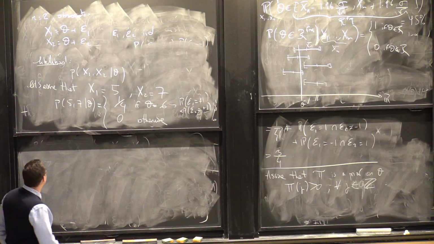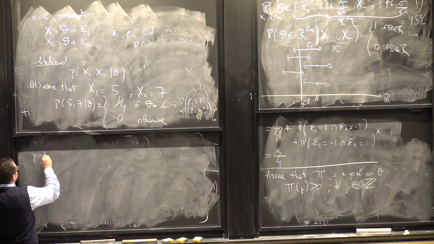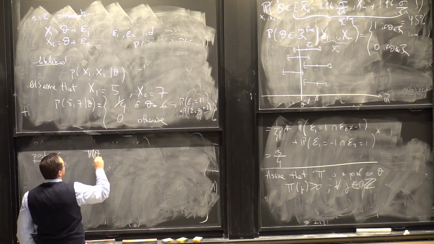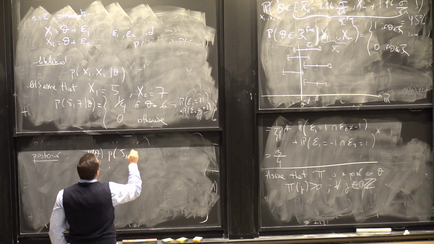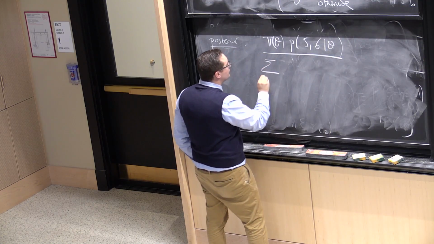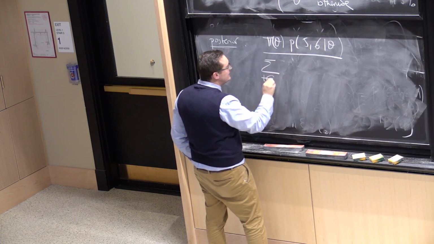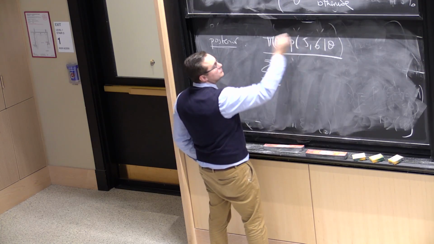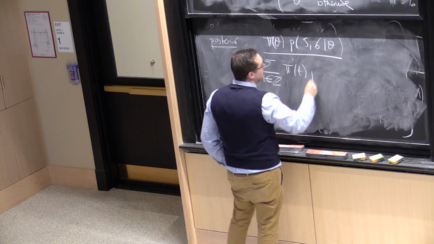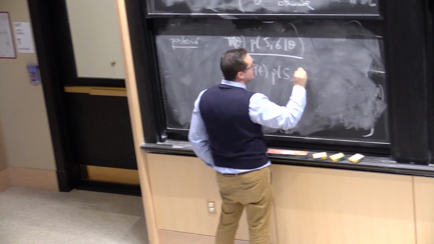And if I want to know what my posterior is, it's just pi of theta times p of 5, 7 given theta, divided by the sum over all t's in Z of pi of t times p of 5, 7 given t. So now I just need to normalize this thing.